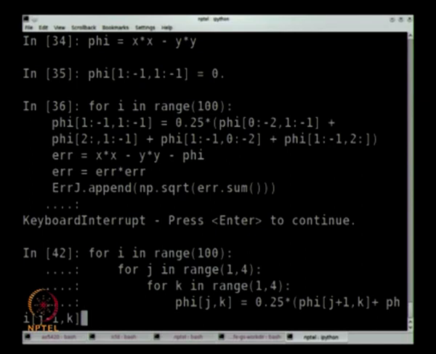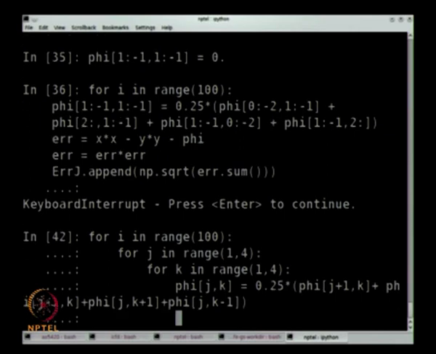Yeah, you will have to plus phi of j comma k plus 1 plus phi of j comma k minus 1. Is that okay, everyone? And it is updated. I am using the same array, so it is updated immediately. Okay. So that is as far as that loop is concerned.